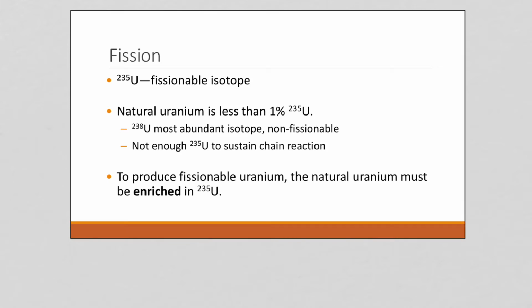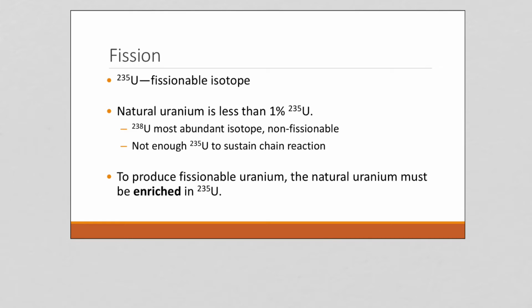Now, not every nucleus will undergo fission, right? You need specific isotopes to undergo fission. They're what we call fissionable isotopes. One of the most common fissionable isotopes is uranium-235. Now, we've talked about other uranium isotopes, like uranium-238. It's a very abundant uranium isotope.